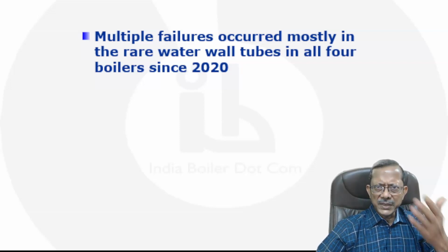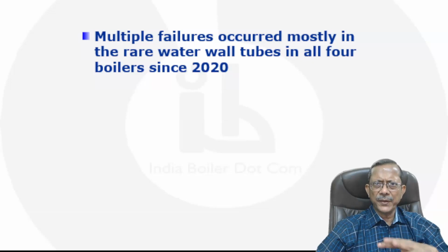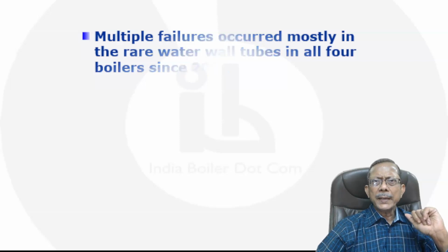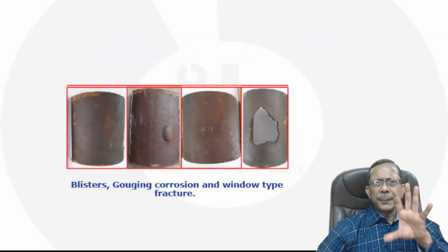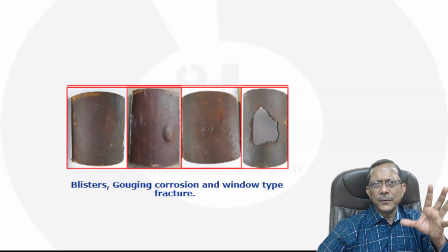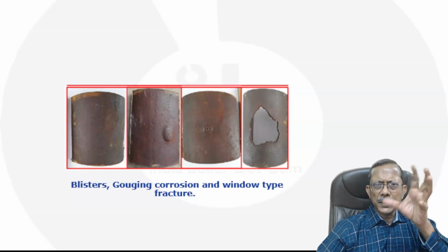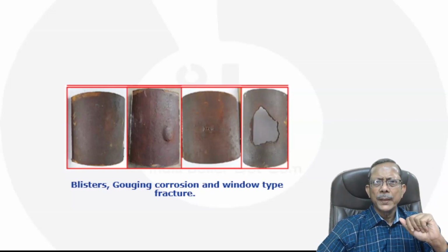On 2nd February, there was a failure and the boiler was stopped. So when I went there, one of the boilers was stopped, right? And these typically have the look of a hydrogen embrittlement window pocket type opening.